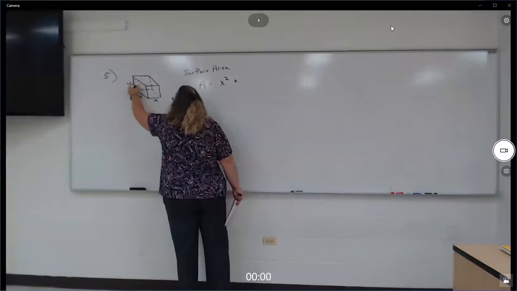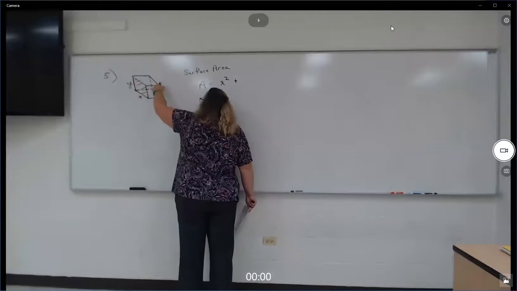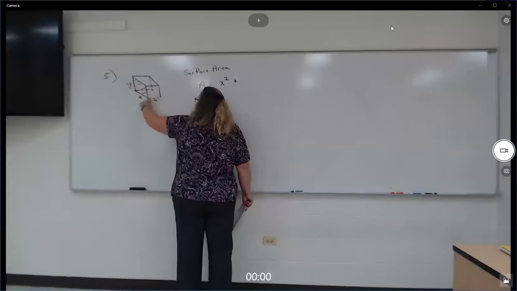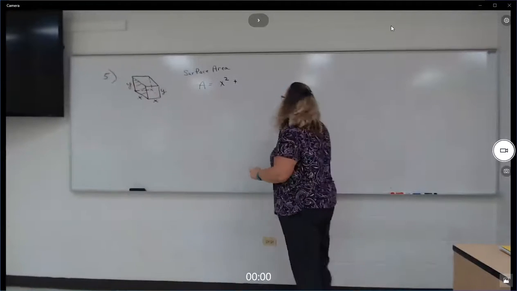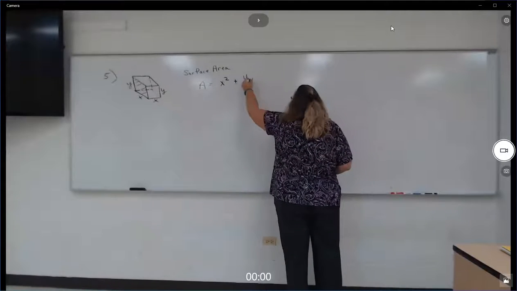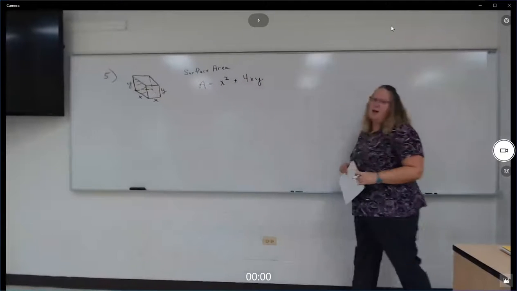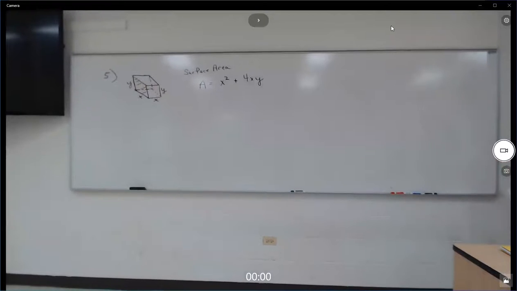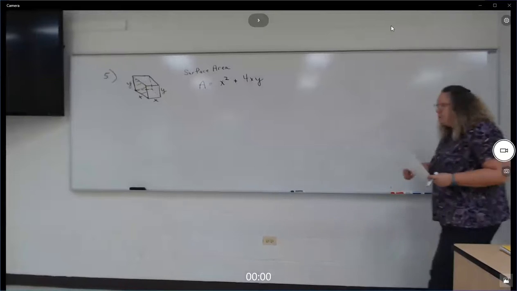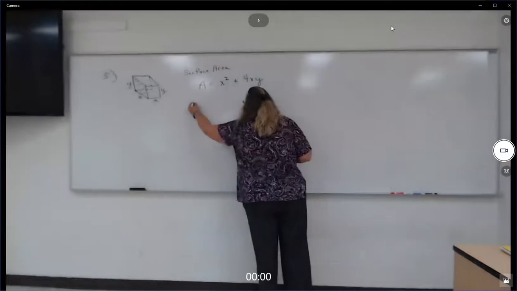So that's like this front one, but you got a back one. You got this one here is x times y. This is a y as well. And then you got the back. You got x times y, but you have 4 of those. Each side is going to be x times y. Especially because that base is x by x, which is very nice. Okay, and we know the surface area is going to be 108.